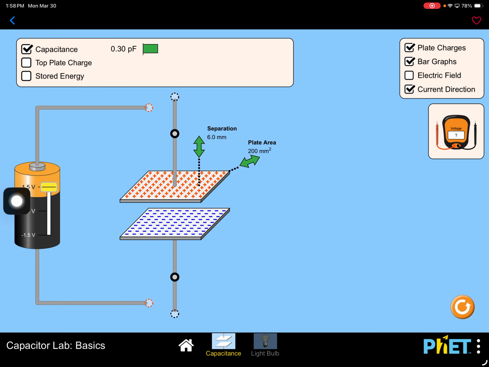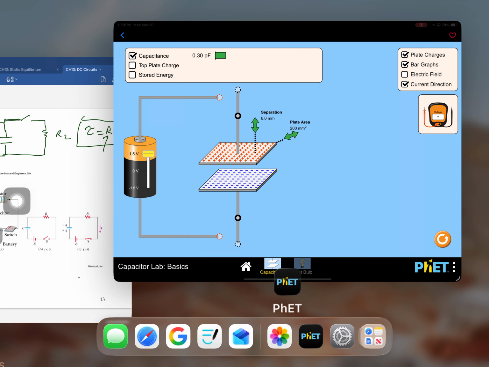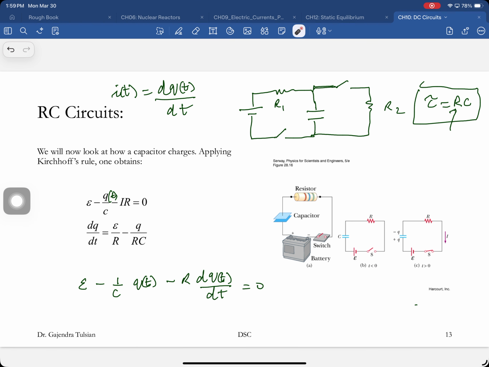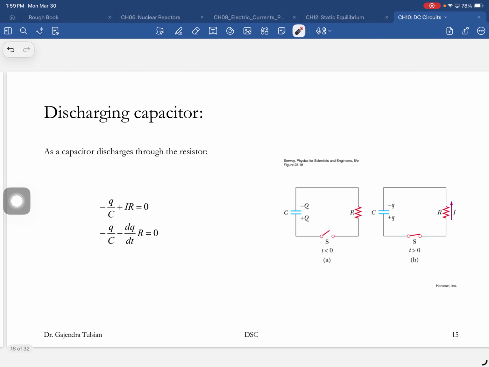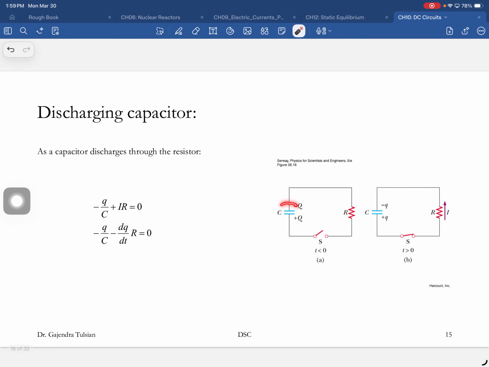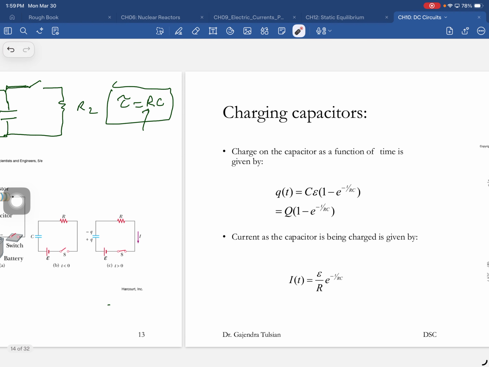But now you've got to be careful. As the capacitor is discharging, what is happening to Q? The charge is decreasing. So the current is minus dq by dt, because this is decreasing, this will be negative, and negative will give you positive.